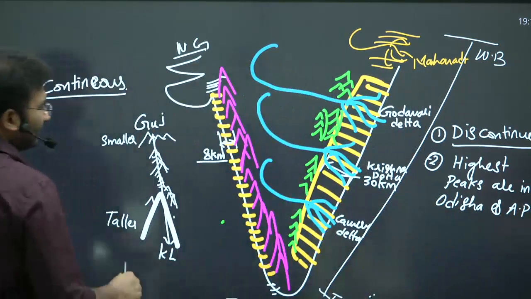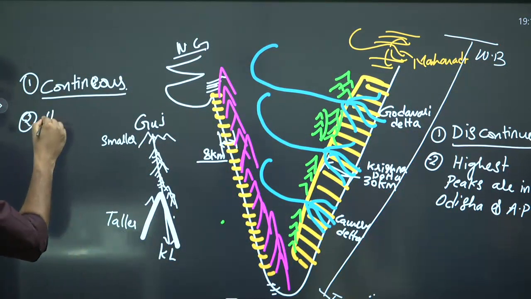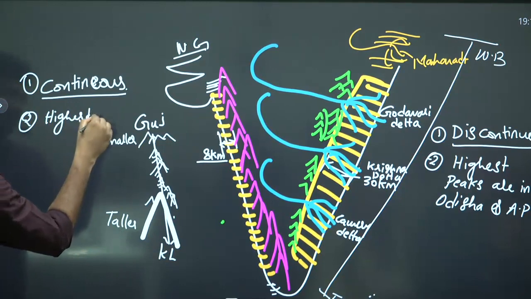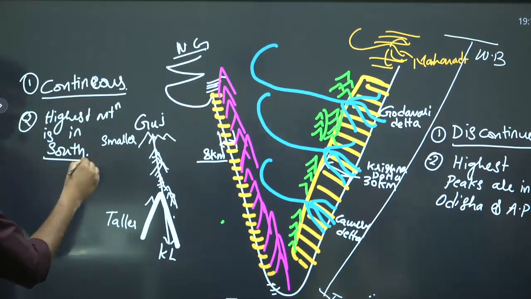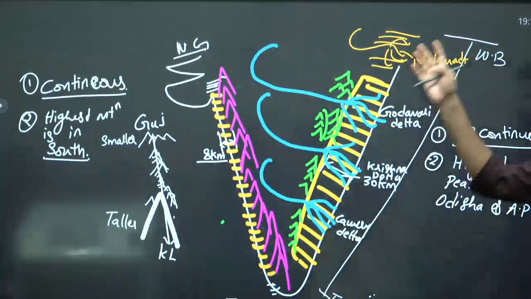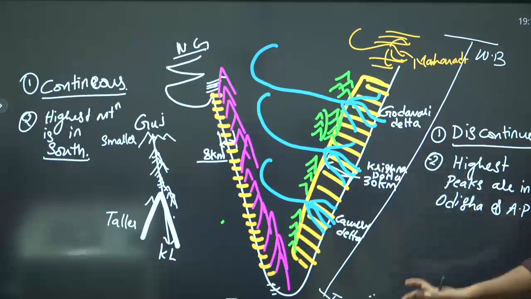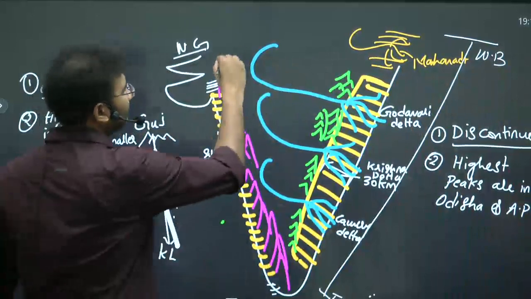Whereas in the Western Ghats, the height increases as we go from north towards the south, but this is not the same concept when you look into both.